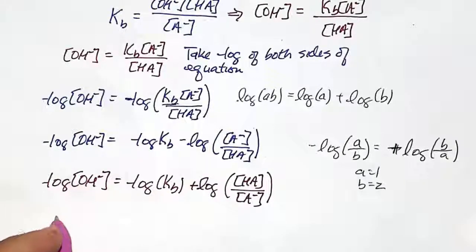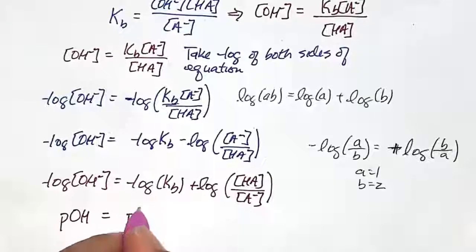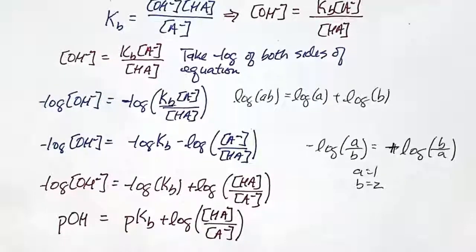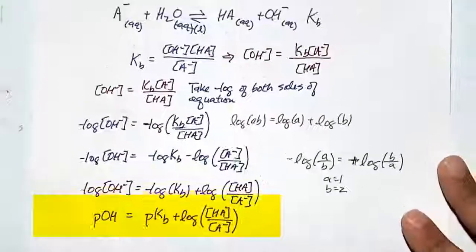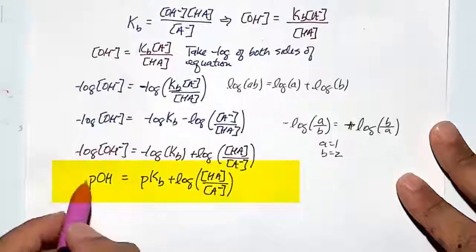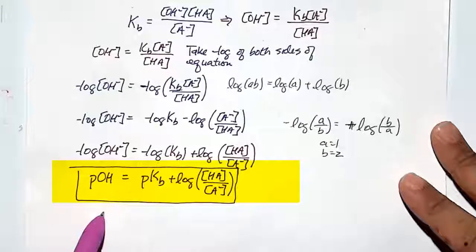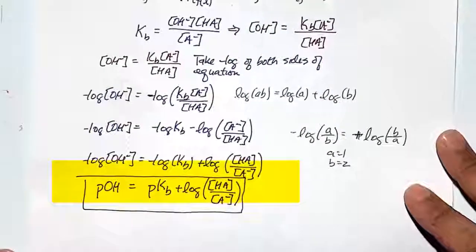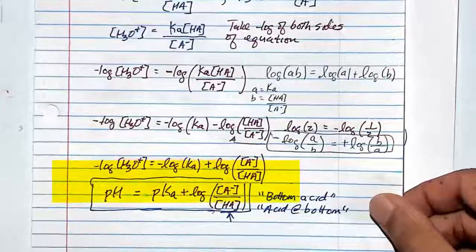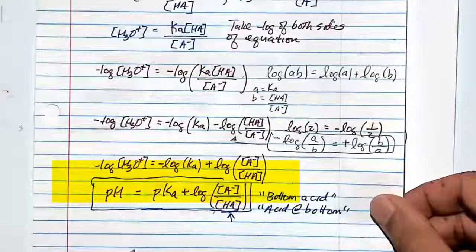Minus the log of the OH concentration is pOH, minus the log of Kb is pKb, plus the log of the ratio of the conjugate acid concentration over the concentration of the conjugate base. So here's the derivation of the Henderson-Hasselbalch equation for the situation that involves a weak base. Here is a pOH version of the Henderson-Hasselbalch equation, and shown previously is a pH version of the Henderson-Hasselbalch equation.